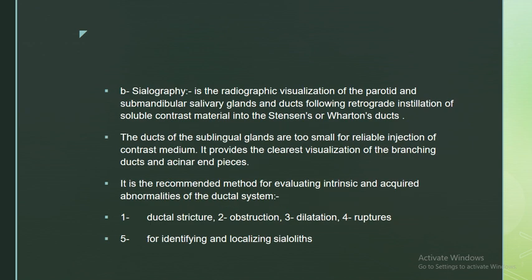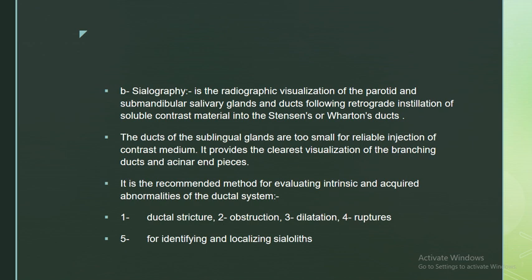The second type of imaging is sialography, and this is very common for salivary glands. It is the radiographic visualization of the parotid and submandibular salivary glands and ducts following retrograde instillation of soluble contrast material into the Stensen's or the Wharton's duct.